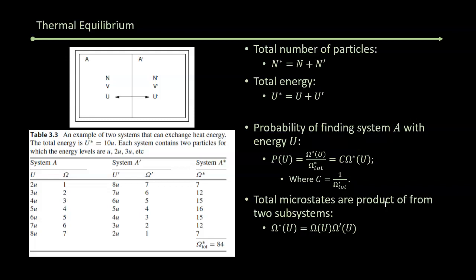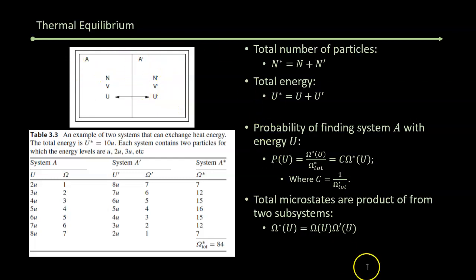So the total number of ways that things can be put together. Think of it this way. If I can put together the A side in 5 different ways, and I can put together the A prime side in 4 different ways, it's not 5 plus 4, because I could have this in one of its ways paired with all the 4 different ways this can be.